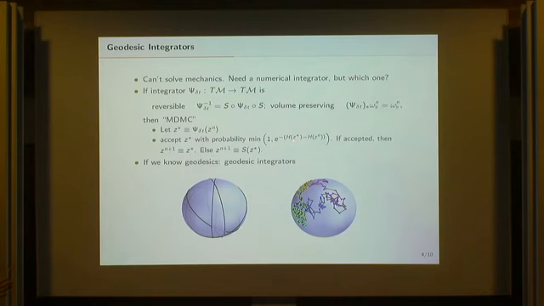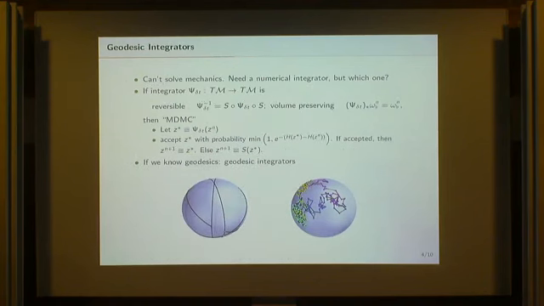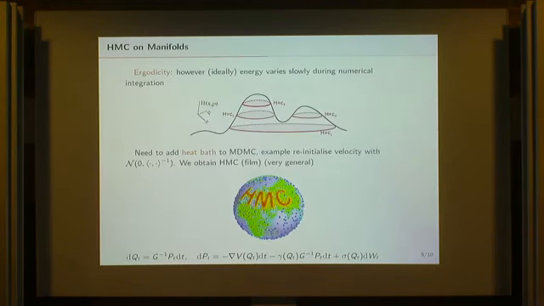But if that's true, then you stay essentially on the level curve of H. So you want your energy difference to be small, but if it is small, then you're not exploring very well, because if you started with this energy, you're staying somewhere here. So you do want a way to deal with this ergodicity problem.